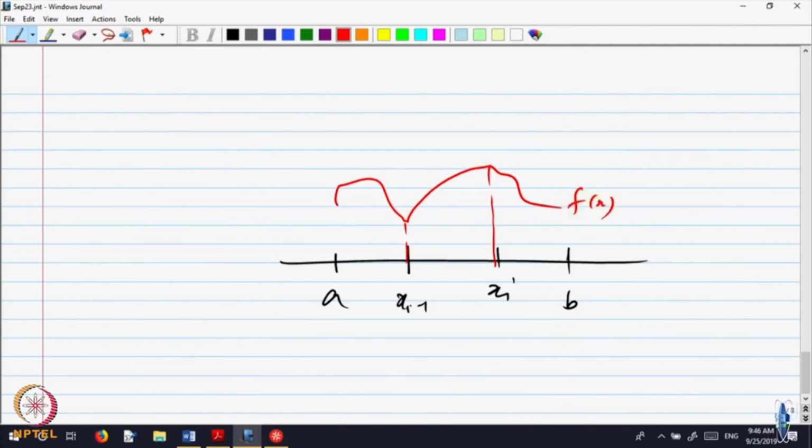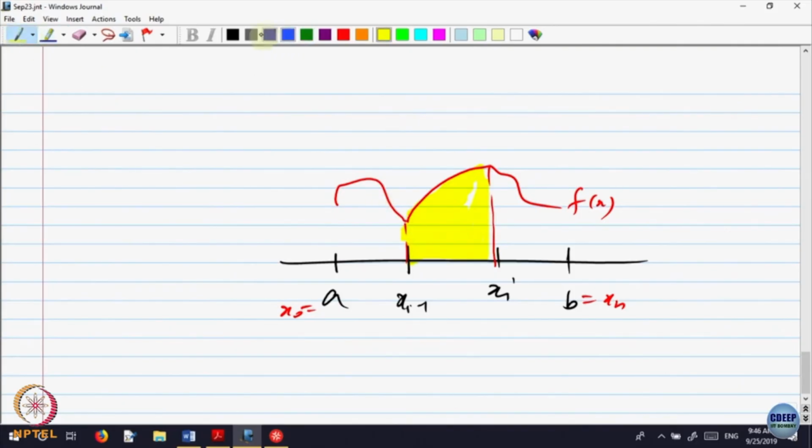So if I consider the lower sum for this partition P, this is x0 and this is xn. In the lower sum, one of the rectangles that will be coming in this partition is below the graph of the function that we are trying to approximate.